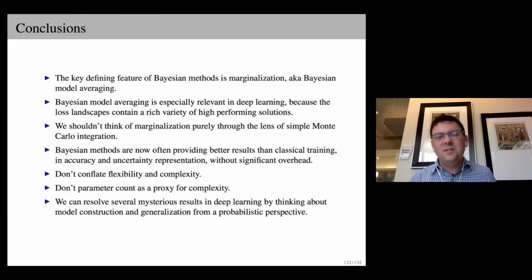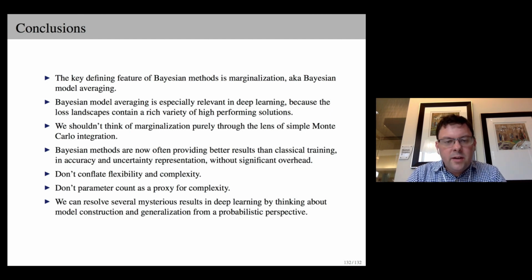And really, in trying to do this marginalization as best as we can, we shouldn't think of the integration purely through the lens of simple Monte Carlo integration. We should probably think of it more as an active learning problem, and by doing that, we can gain insights into methods like deep ensembles and also propose other Bayesian methods that provide even better marginalization, like multi-swag.